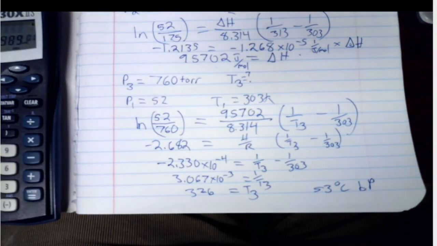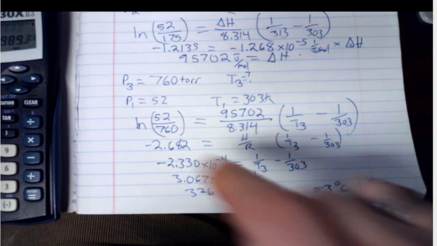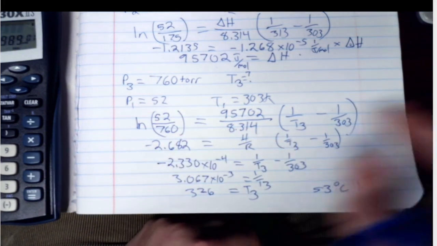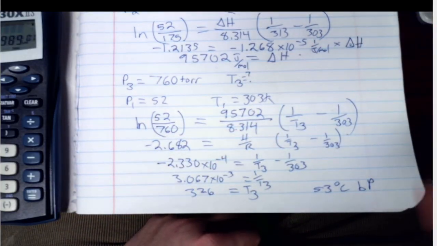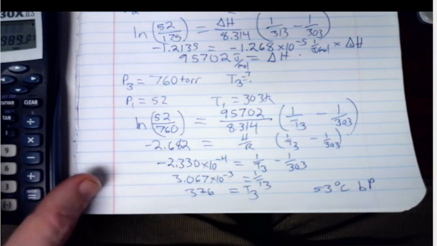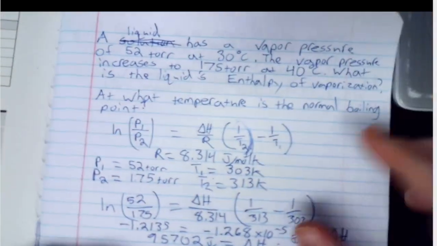Which is not super high, but considering how much it jumped in 10 degrees, and it's an exponential increase, that is not unexpected. So hopefully you got something like that as your answer.